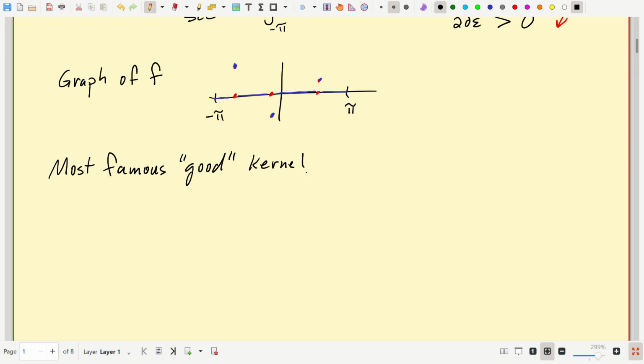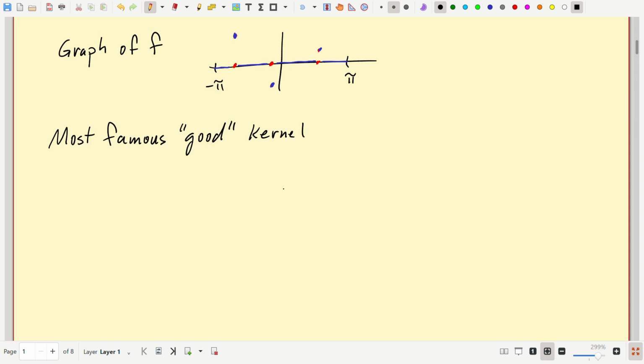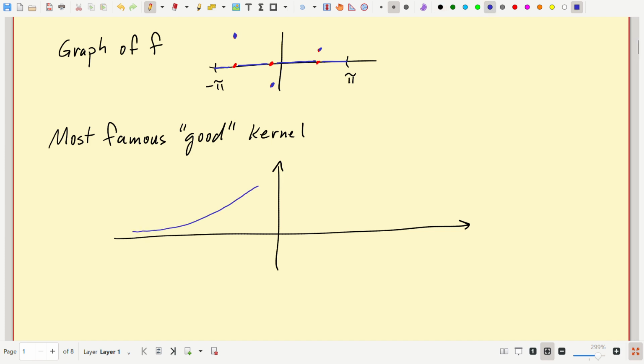It's the famous Gaussian distribution. It looks like a bump. It goes to 0 really fast at infinity, and we're going to want the area underneath this bump to be 1. And so the Gaussian is e to the minus x squared.